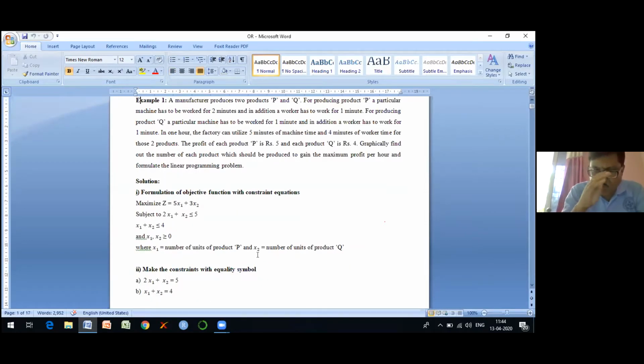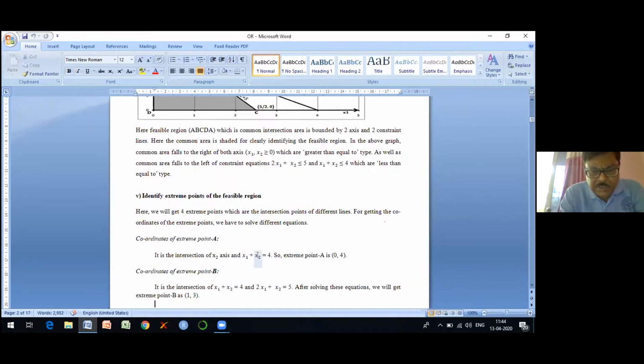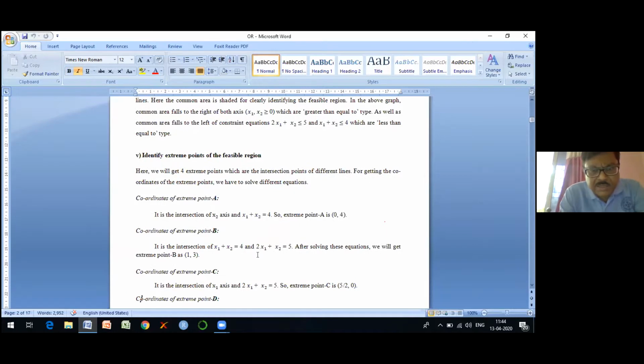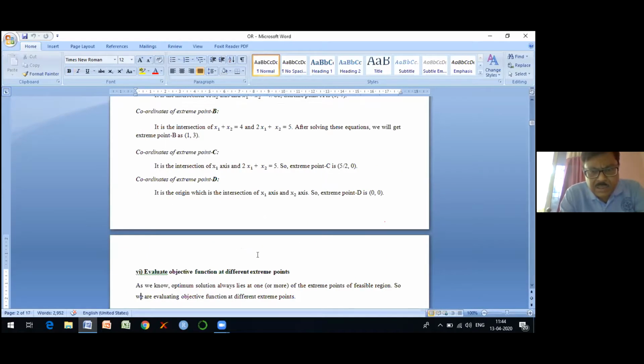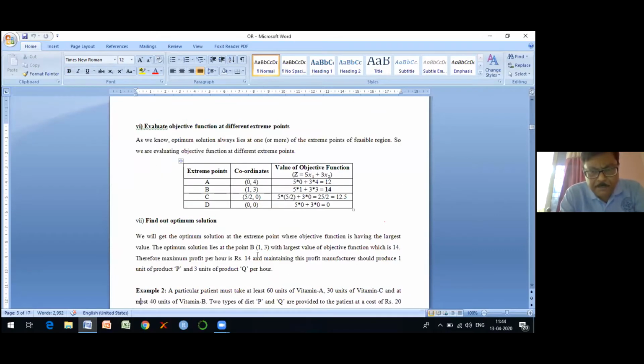So in the next class we will consider the minimization problem graphically. And before going to discuss the minimization problem in our second class, you will just go through this problem.